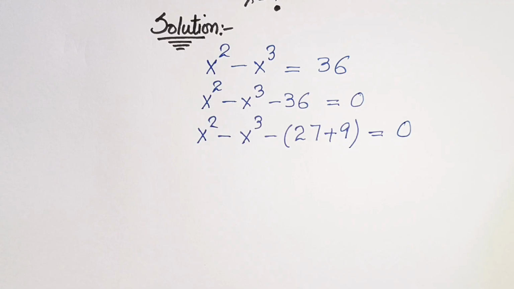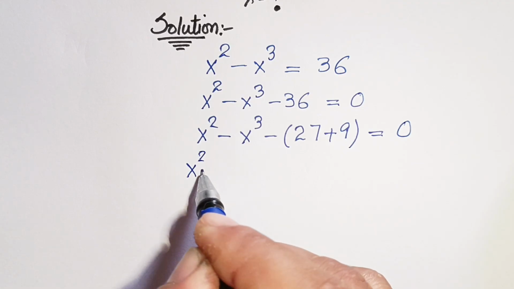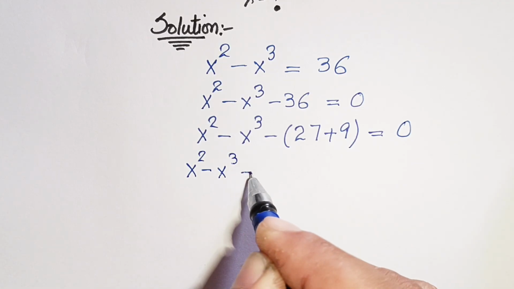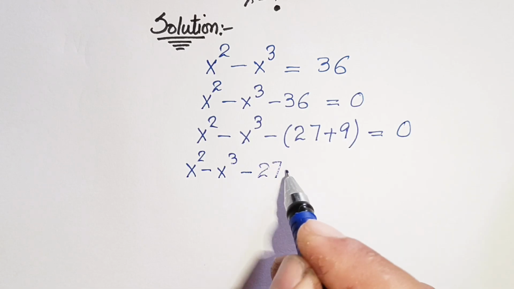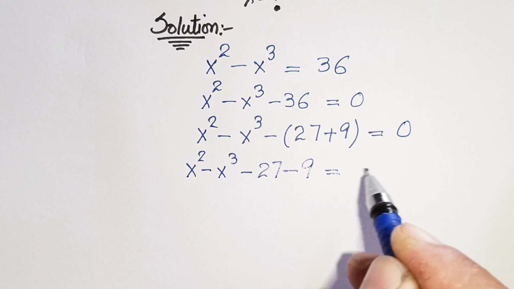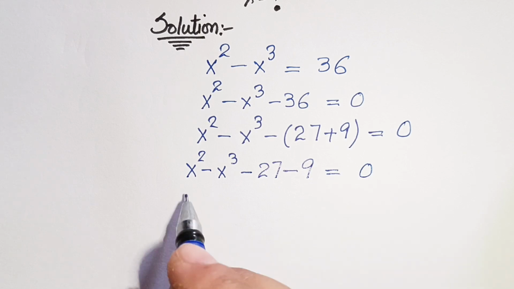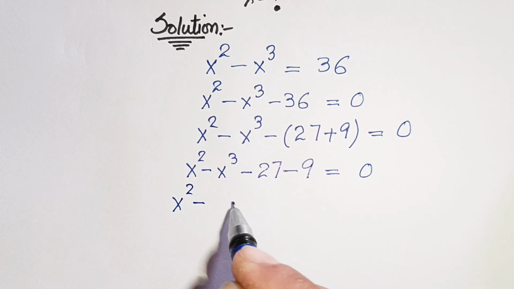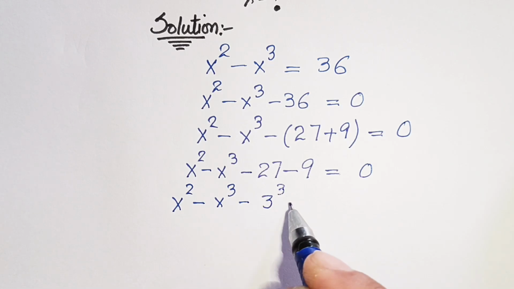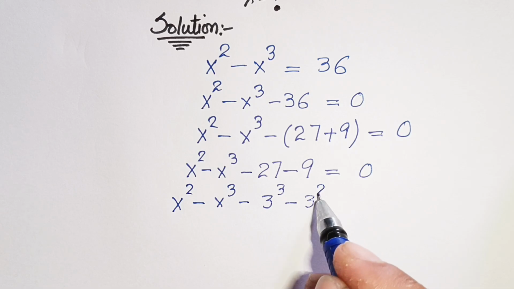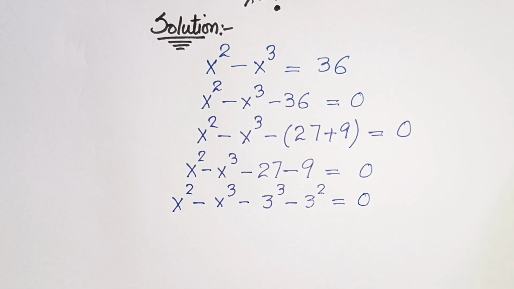Here we have x squared minus x cubed, and applying the minus into the parentheses, we get minus 27 and minus 9, which is equal to 0. Now 27 can be written as 3 cubed, and 9 is 3 squared.